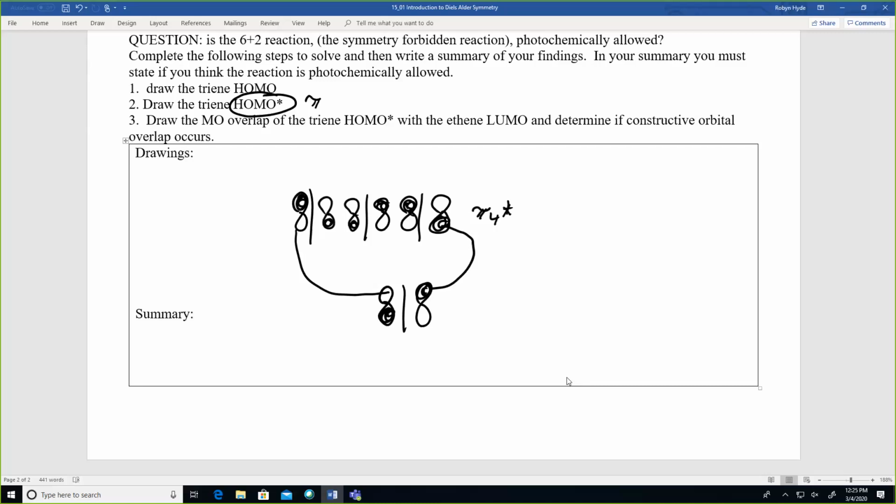So I'm not going to collect this and grade it, but you can save this as notes on Diels-Alder, but it's definitely information that you need to know. If I were to give you a blank for a quiz, which I'm not going to do, you should be able to fill in all of the blanks with none of my help. So that's the level of understanding you need to gain with the Diels-Alder, the symmetry allowed, and then the photochemically induced.